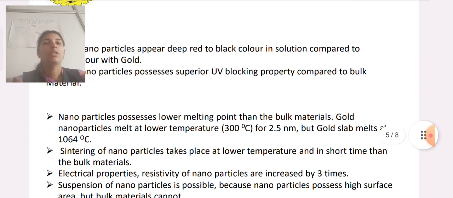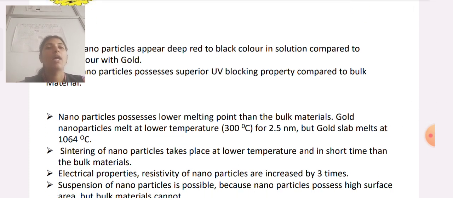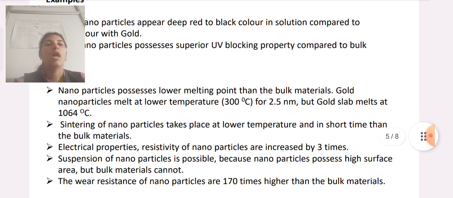The nanoparticles possess a lower melting point than bulk materials. Gold nanoparticles melt at a low temperature, 300 degrees Celsius for 2.5 nanometers, but a gold slab melts at 1064 degrees Celsius. Sintering of nanoparticles takes place at a low temperature and in a short time compared to bulk materials.